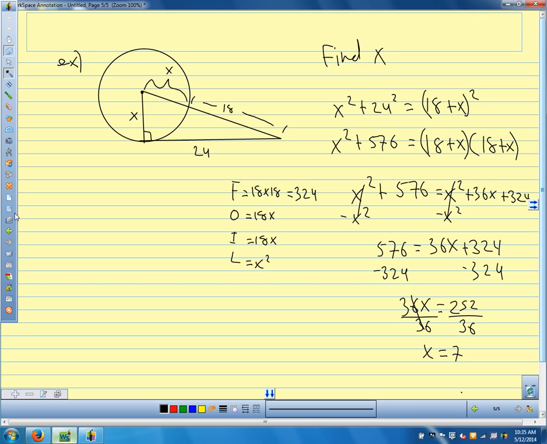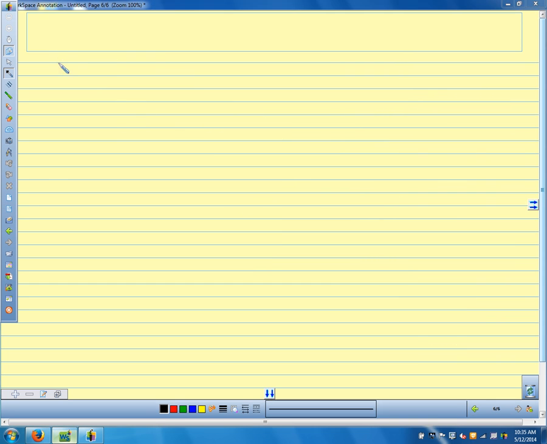All right, let's look at another similar kind of problem, but we kind of have to go the opposite direction here. For this problem, they give us this information.